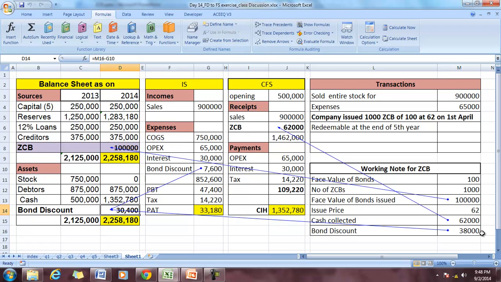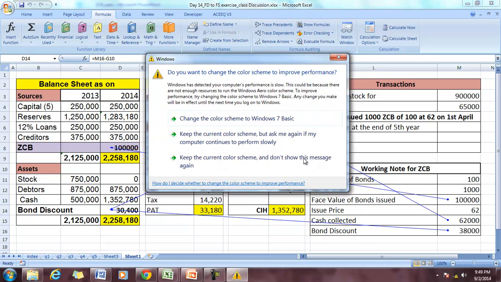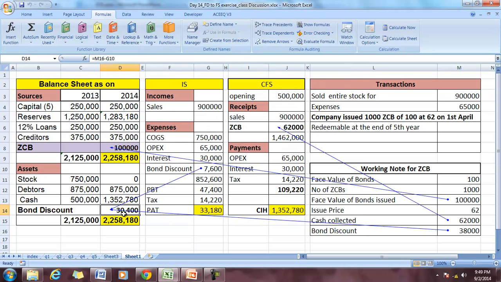So for the next 4 years, every year 7,600 will be shown in the income statement, and the bond discount will keep on reducing, and at the end it will become 0, because the entire bond discount has been amortized.